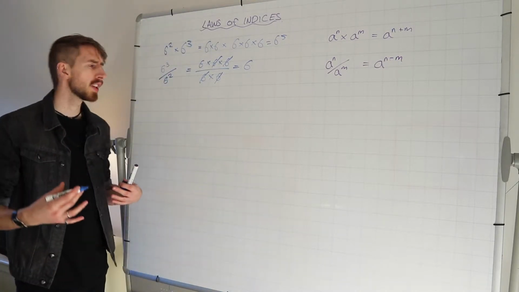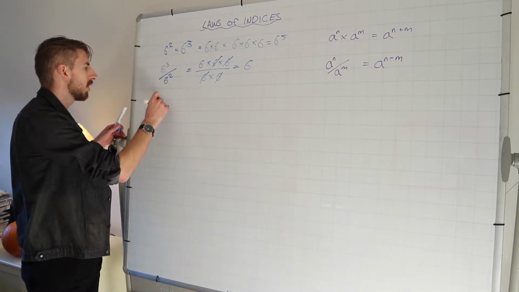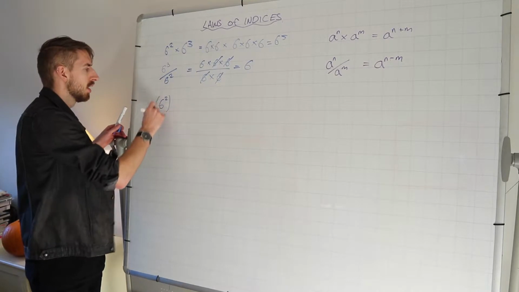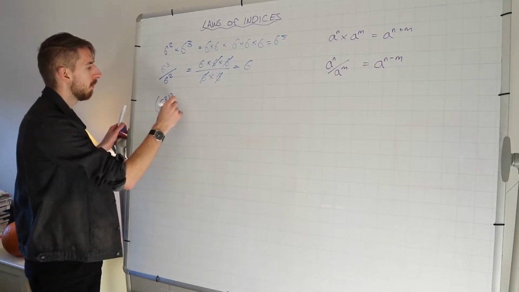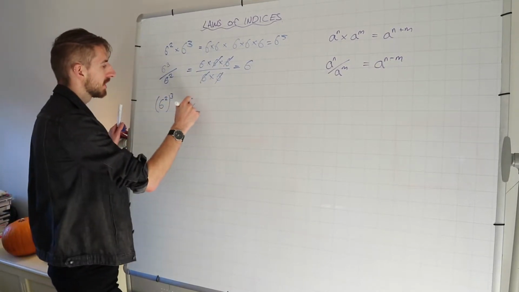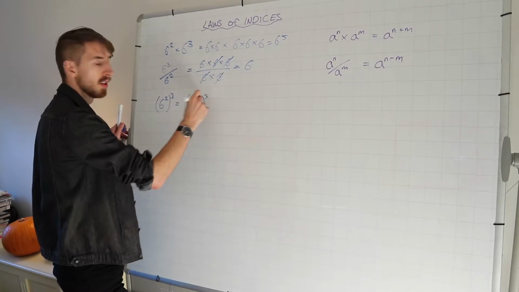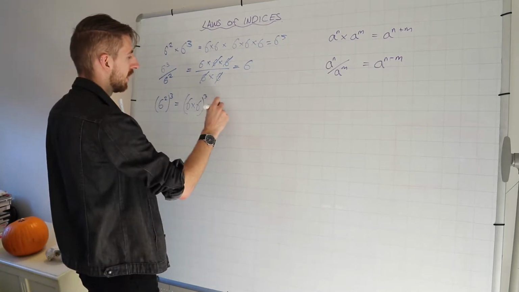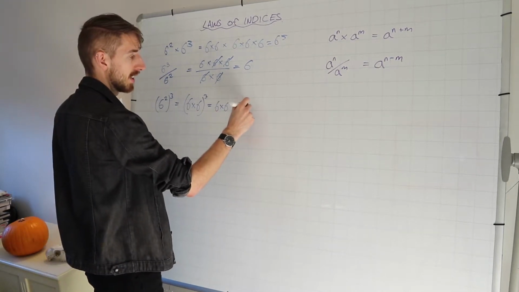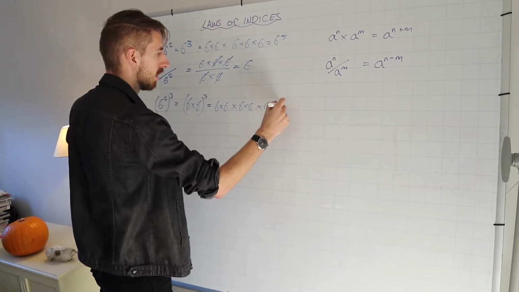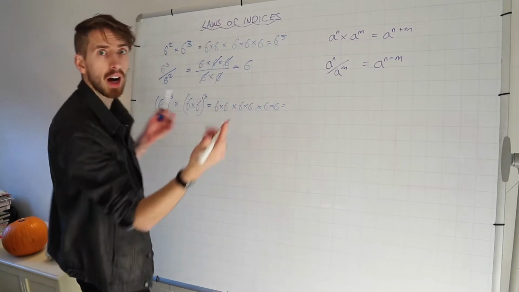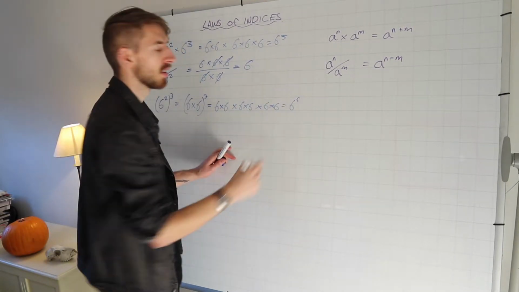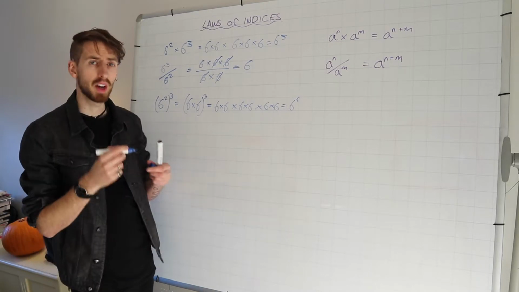So we're going to continue on this little trip, and if we've got something like 6 squared, and then we're cubing that, what that is equal to is 6 squared times 6 squared times 6 squared, which is 3 lots of that, and I'm going to write it out. 6 times 6 times 6 times 6 times 6 times 6, which is 1, 2, 3, 4, 5, 6, 6 to the power of 6, which is 2 times 3.